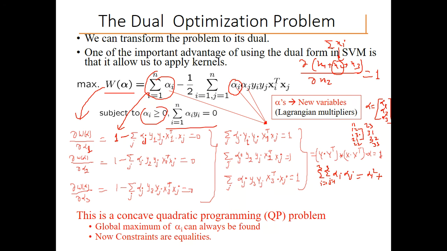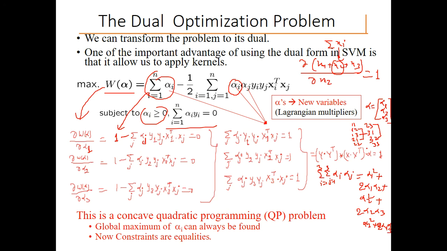Similarly, 1,3 and 3,1 also will be the same, and 2,3 and 3,2 also will be the same. So alpha 1 into alpha 2 you will get 2 times. Now alpha 2 square, again 2 times alpha 2 alpha 3, alpha 3 square, and 2 times alpha 1 alpha 3.